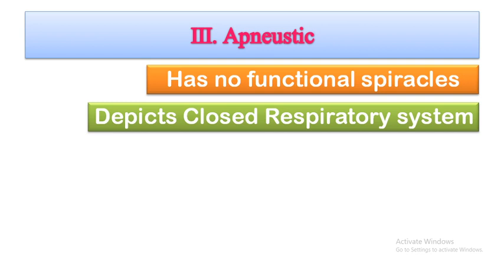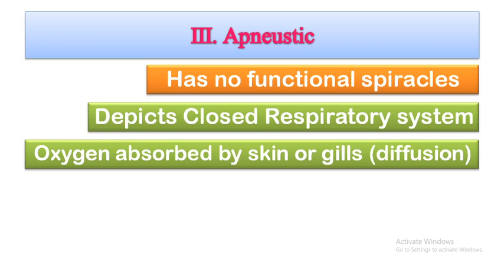All of you are acquainted with the process of diffusion. As the body requires oxygen, the skin will have the diffusion, and maybe the gills for aquatic organisms also, the diffusion will occur and the oxygen will be accepted for respiratory purposes.